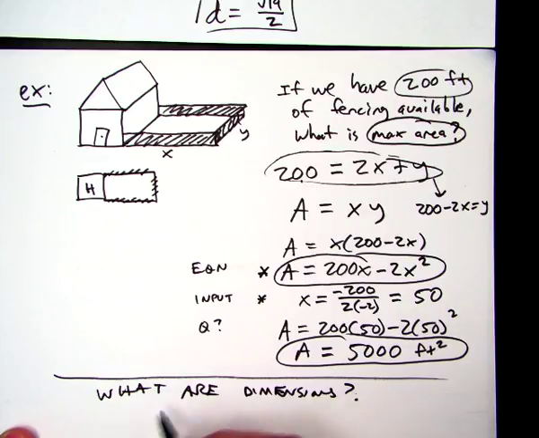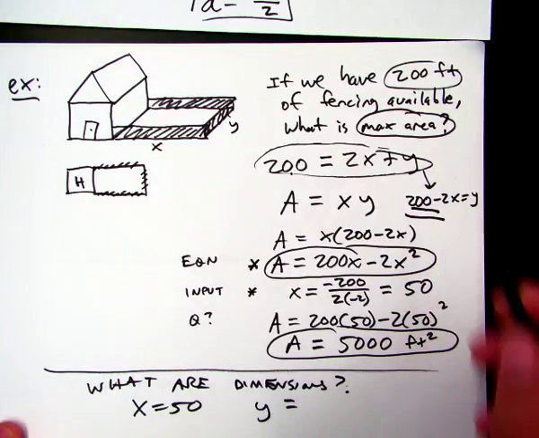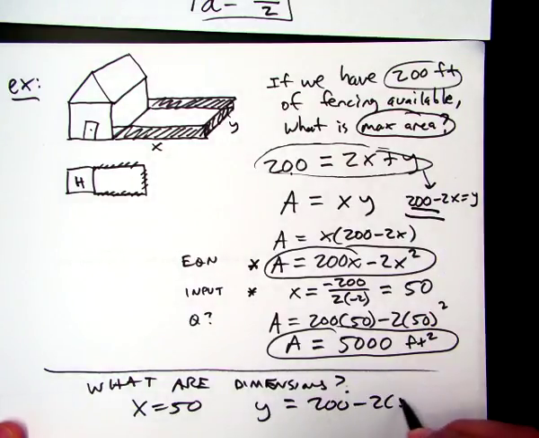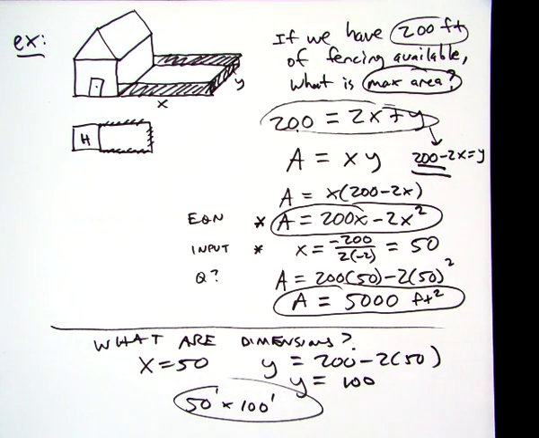Well, we know x is 50, and we know y is right here. It's 200 minus 2x. So 200 minus 2 times 50 gives us 100. So we have a 50 by 100 foot yard. Everybody good? Okay.